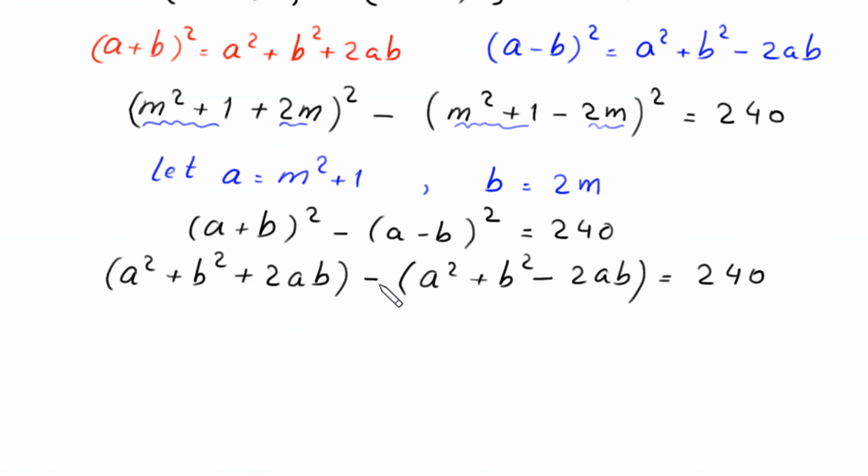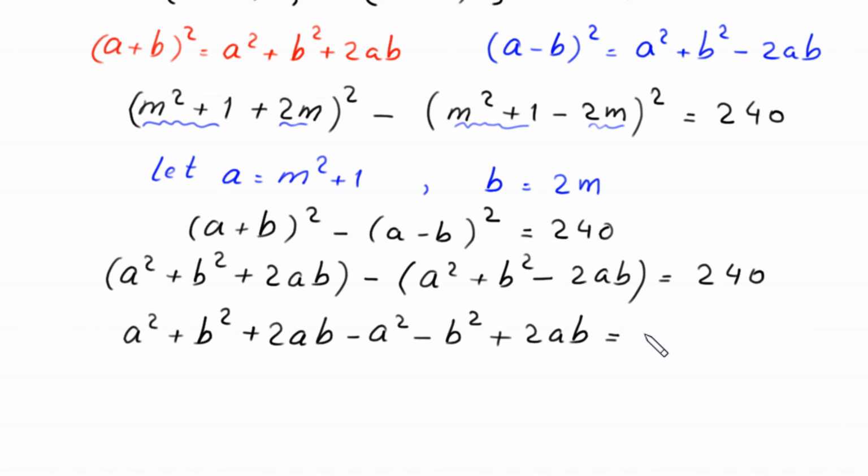Now we remove brackets: a^2 + b^2 + 2ab. Due to this minus, this positive a^2 will become negative a^2 and this positive b^2 will become negative b^2. This negative 2ab will become plus 2ab is equal to 240.